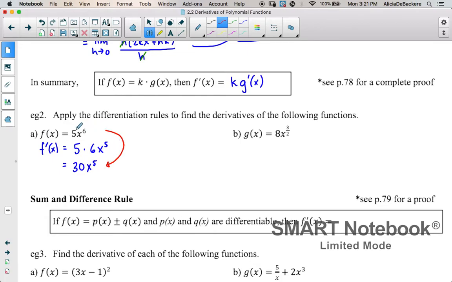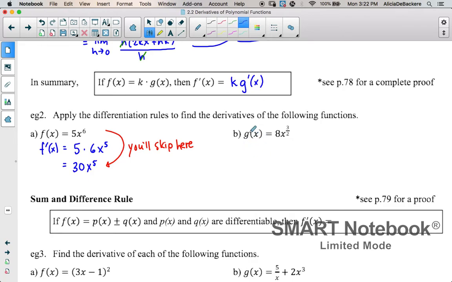When you do this, you're just going to bring the 6 down and multiply it by the 5. You'll do it so automatically that later on in the course, you're going to forget that this was even a rule. But really, I am leaving the multiplier out front and then taking the derivative of the thing that comes after it. So I'm okay with you skipping there once you get that practice in and you're comfortable.